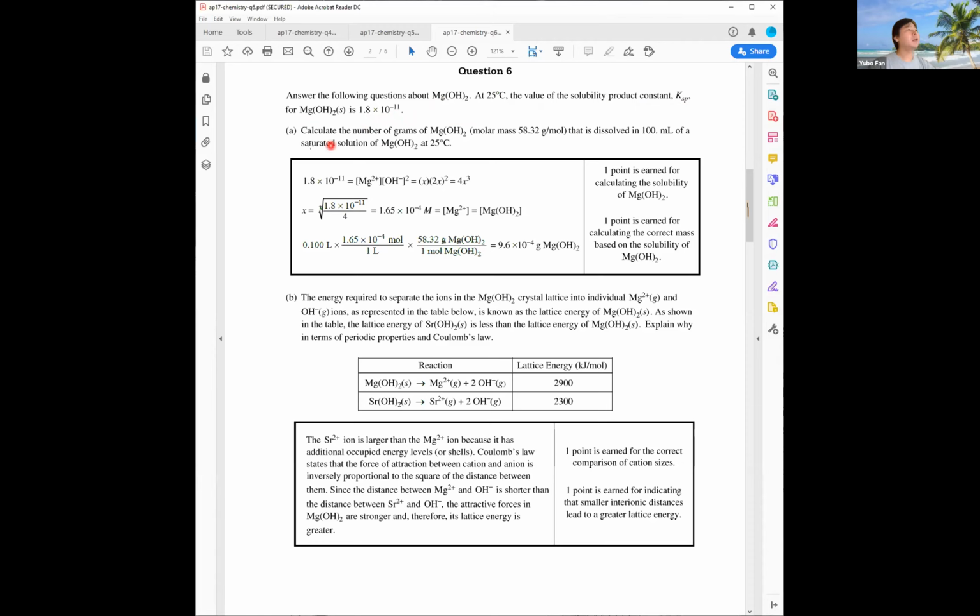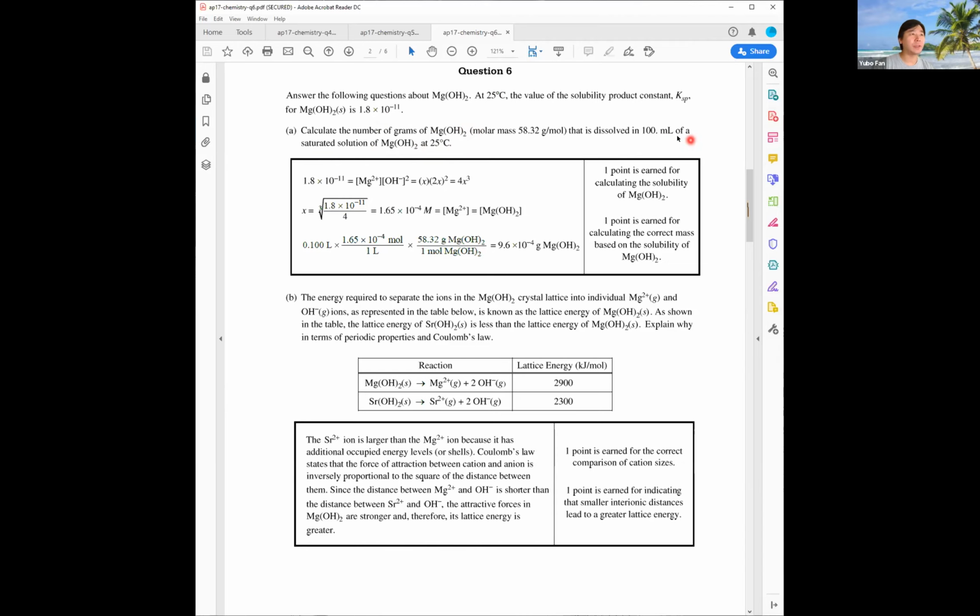Here's the question: calculate the number of grams of magnesium hydroxide, it gives you the molar mass, that is dissolved in 100 milliliters of a saturated solution of magnesium hydroxide at 25 degrees. Basically, you just calculate solubility.